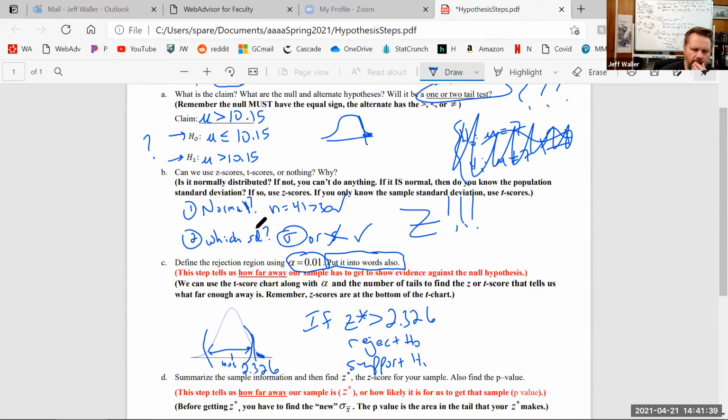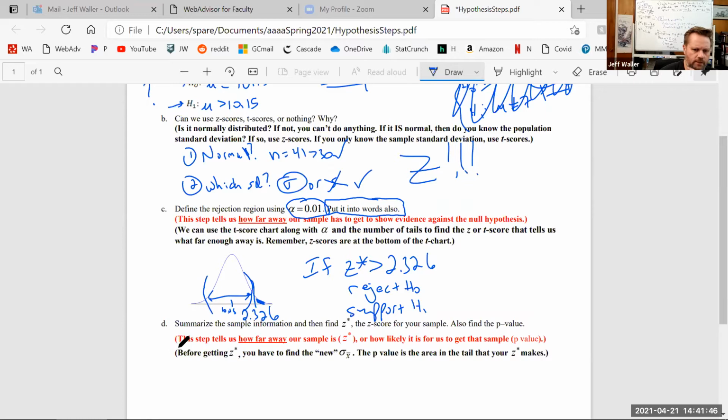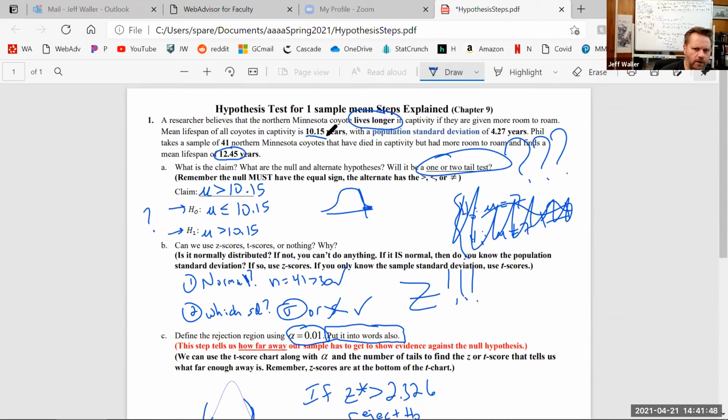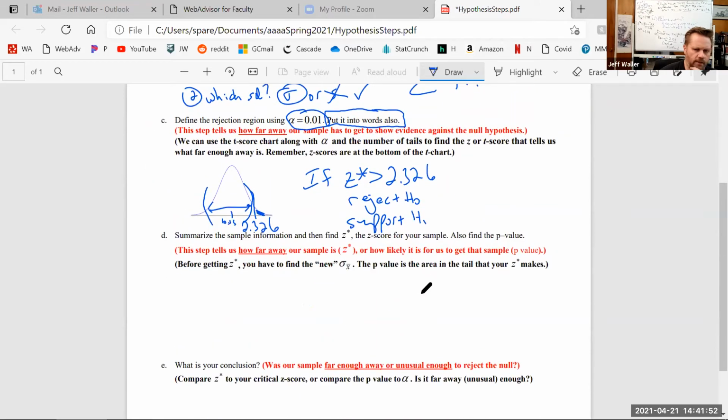What do you mean by breakdown? Like, can we find the z-score right now? We're going to find a z-score. That's part D. We're going to find the z-score for our sample. Population we wouldn't really find a z-score for because we would know all about it. So I tell you to summarize the sample information just so you get all the parts you need.